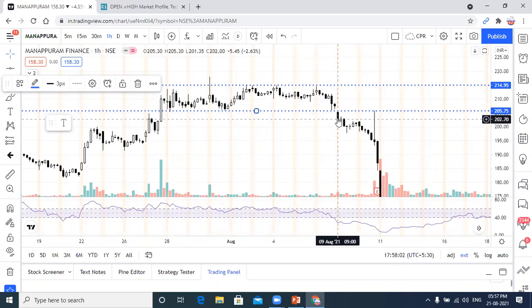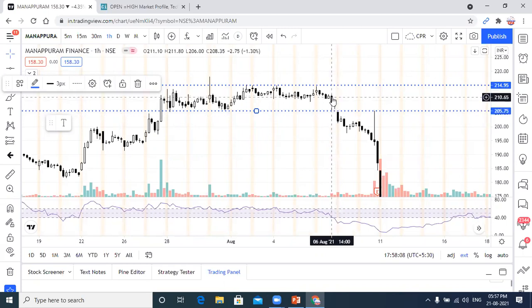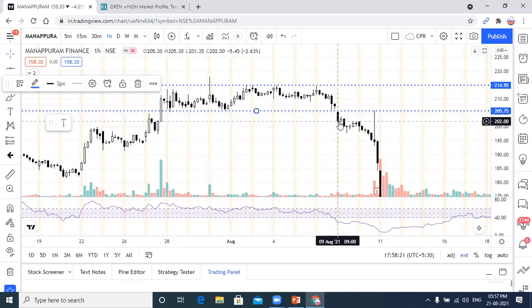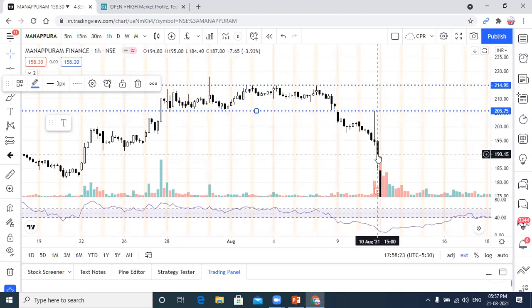And see what happened on 9th August. You got a gap down opening. Opening was below yesterday's low. Look at what yesterday's low was. It was 206, and today we got opening at 205.30. So this was a support breakdown with a gap and open equal to high formation. And it worked very well after that.